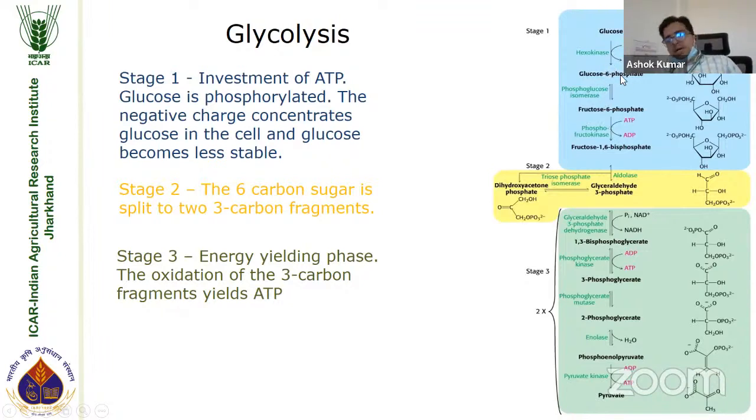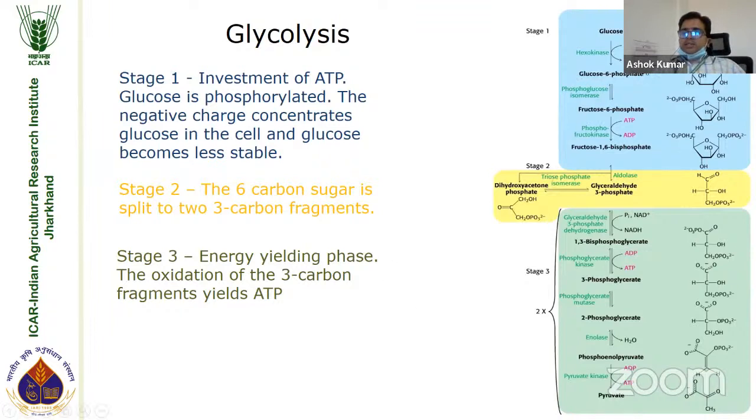We have hexokinase, which can add a phosphate group to different kinds of hexoses. Hexokinases are of different kinds, with different Km constants and different substrate specificity. Hexokinase phosphorylates glucose molecules, and we get glucose 6-phosphate.